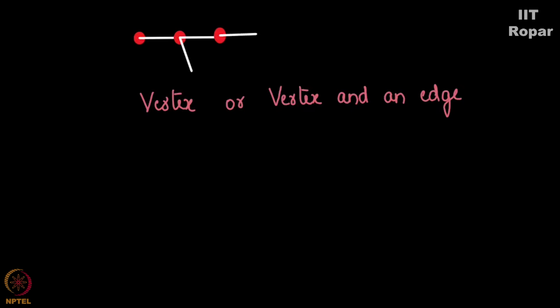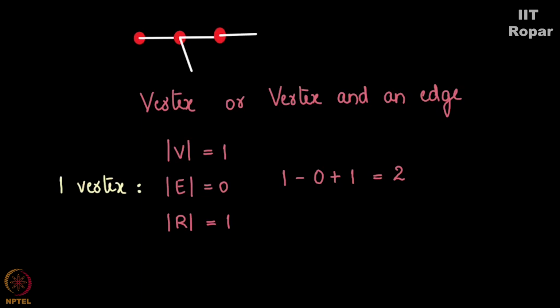But we observe that starting from the single node where vertices are only 1 in number, edges are none, and regions happen to be 1 in number, V minus E plus R turns out to be 2. And when you introduce one more vertex, edges go up by 1, vertex goes up by 1, the formula remains the same. And at every stage, the formula remains the same, which means V minus E plus R is always equal to 2.